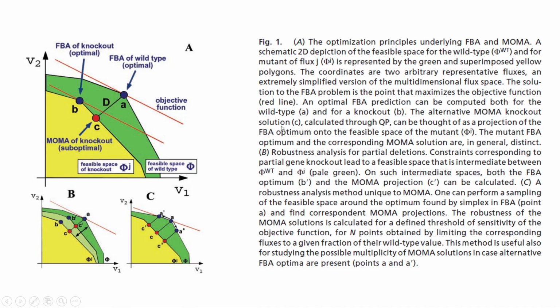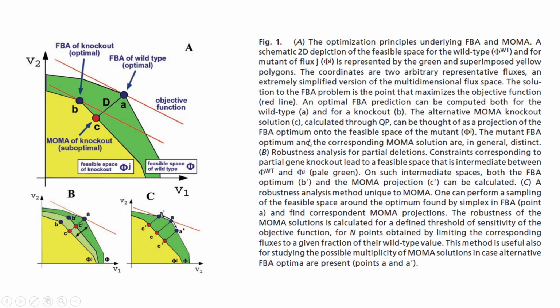The alternative MOMA knockout solution C, calculated through quadratic programming, can be thought of as a projection of the FBA optimum into the feasible space of the mutant. So if you imagine this, the MOMA of the knockout looks like a projection of the FBA of the wild type, a projection of the FBA optimum into the feasible space of the mutant.